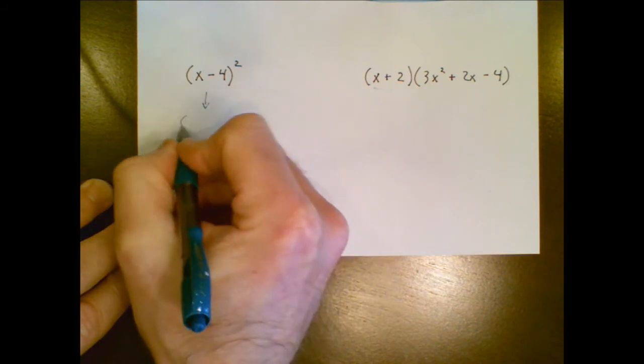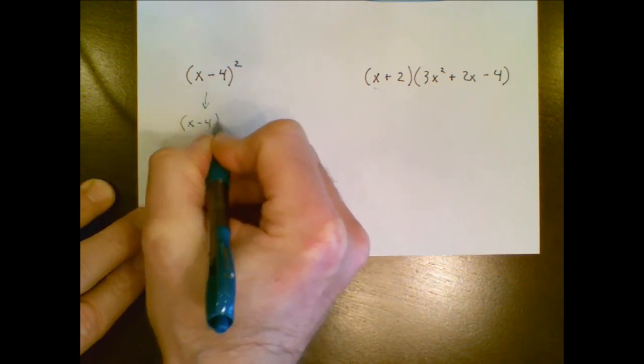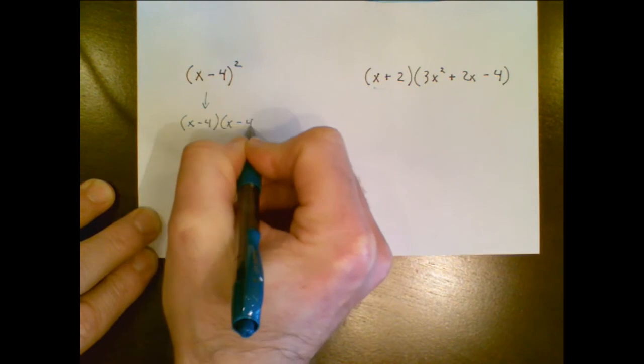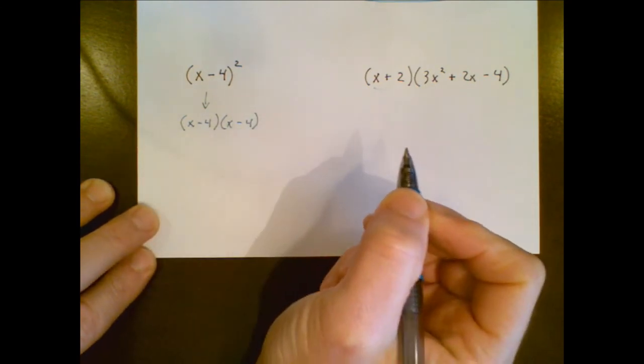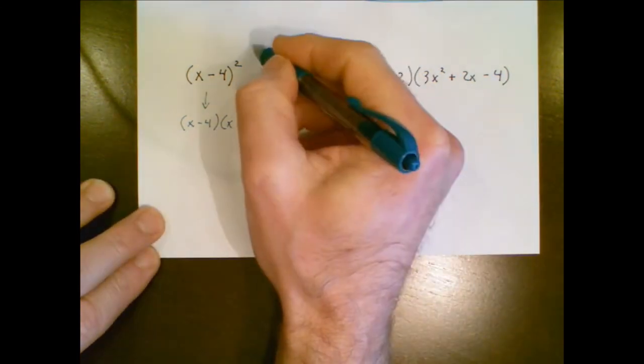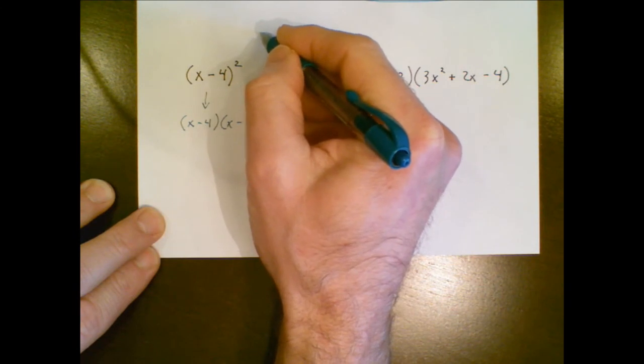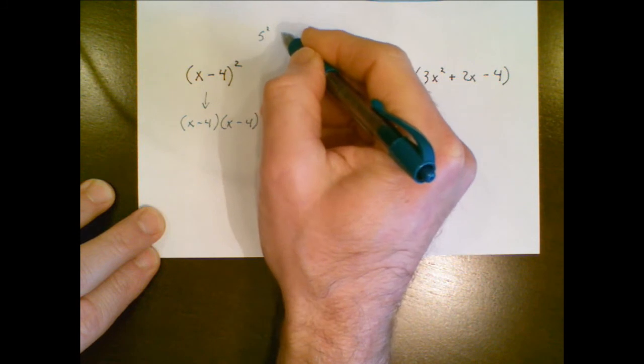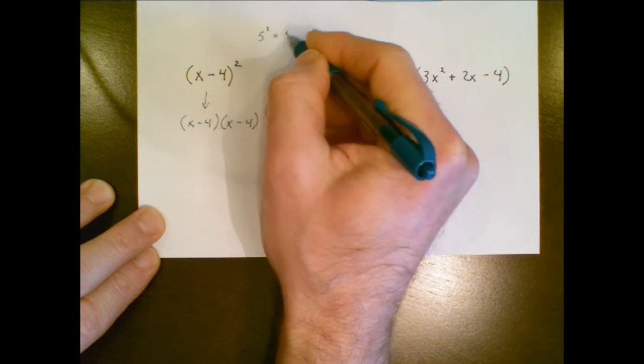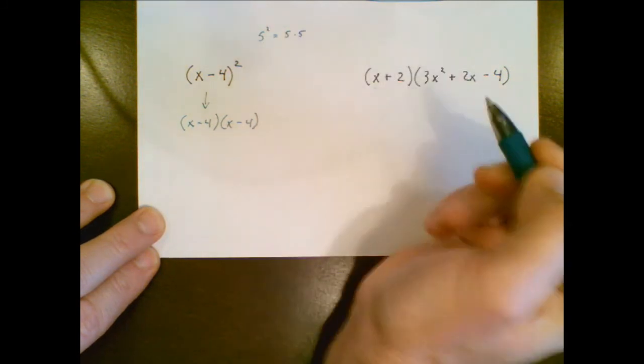the first thing I would do is rewrite that to be x minus 4 times x minus 4. Now why am I doing that? Here's why. Think of this. When you were learning about squared, if you were asked what's 5 squared, what went into your mind is 5 times 5.